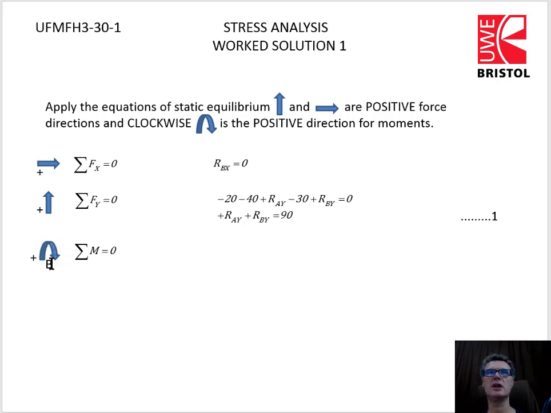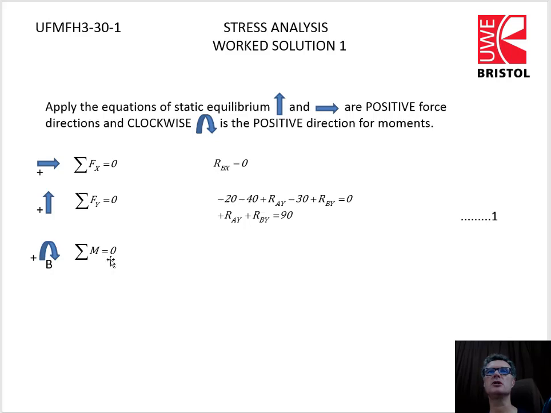Okay, so we're going to take moments, and we're going to use this notation. Anything, a force, going around in a clockwise sense around B is going to be considered positive. So I'm going to sum up my moments, and all that stuff will be on the left hand side.